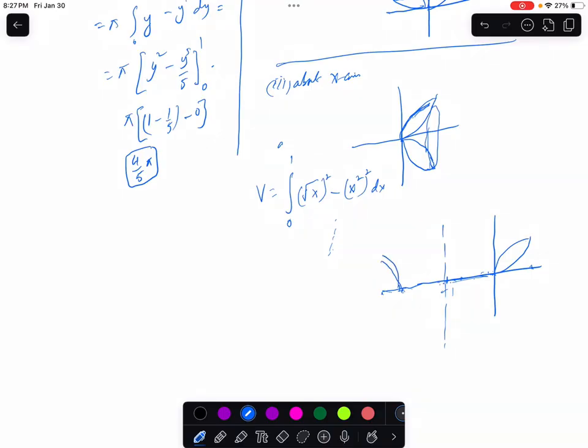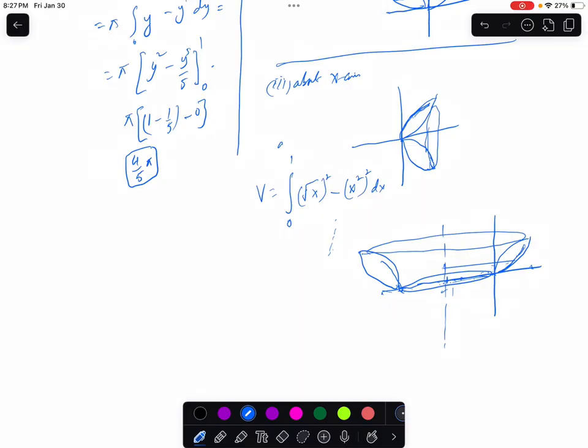So we'll get a piece over here, and then like that. So now the outer radius will be, now always remember we measure the radius from the line of revolution. So outer radius will be this much, which means x square plus 1.